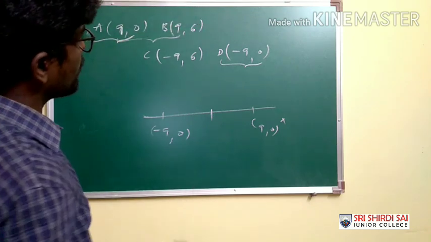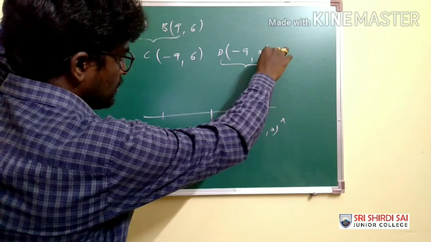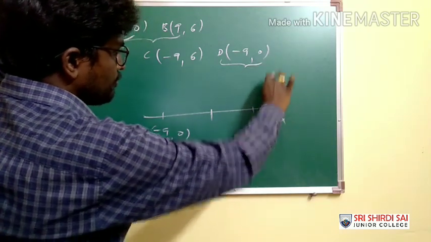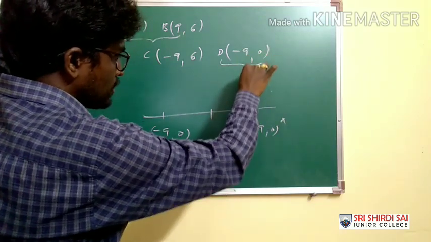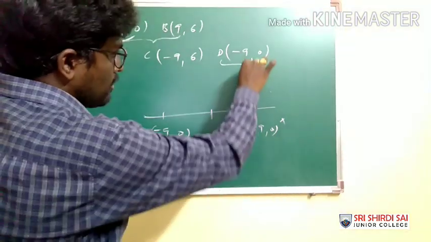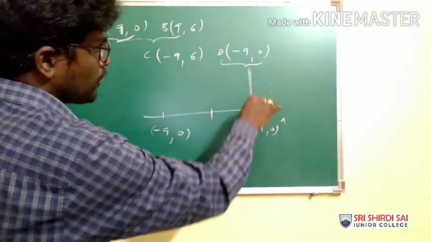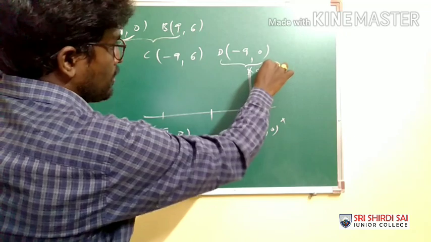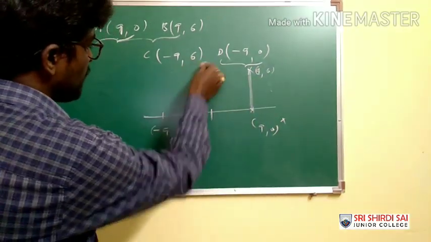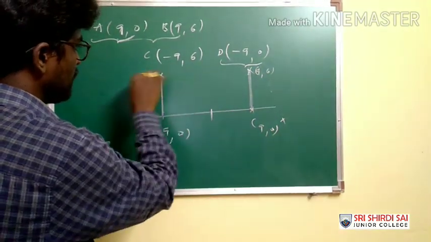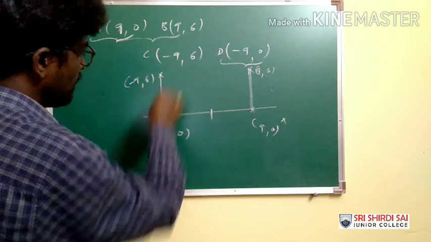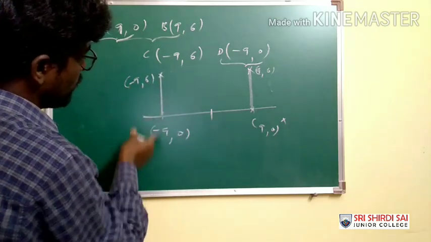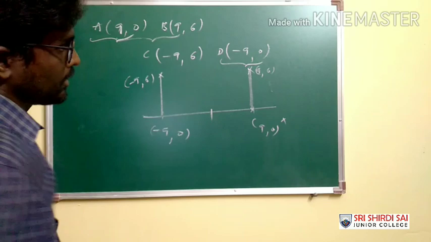Vertical in the sense that the point is going to be somewhere like (9, 6) here. If this is a point on the x-axis, here also there will be some point (9, 6), and (-9, 6) means there will be some point here. This is a vertical line with equal x coordinates and different y coordinates.